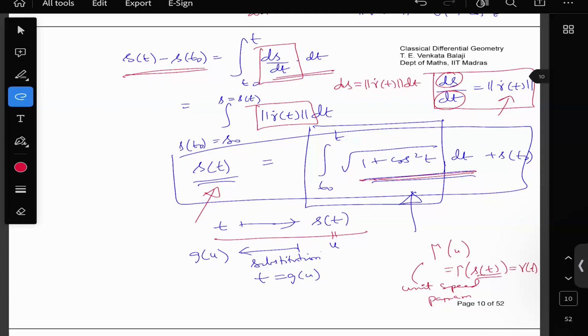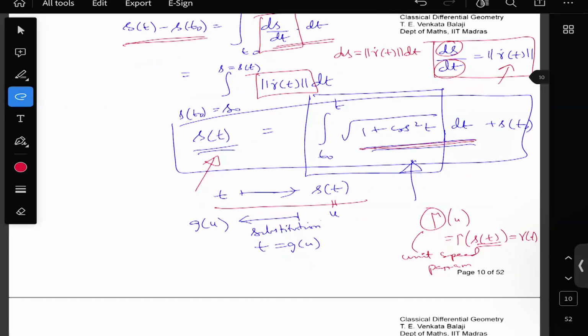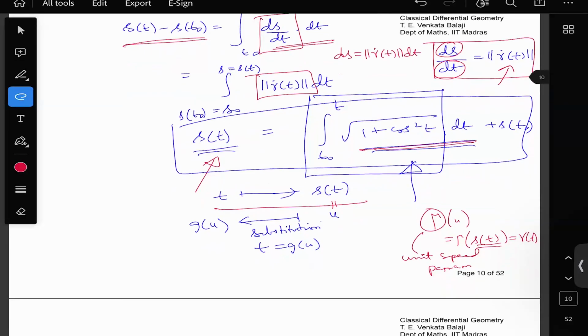But the problem is that I don't know capital gamma a priori, I need it. So the only way to do it is that I have to find a way of inverting u and plugging it into small gamma, which I know.